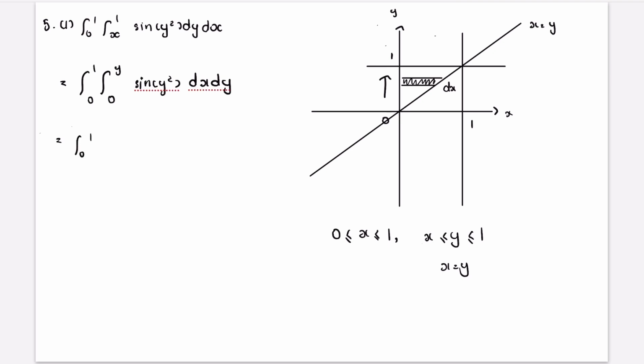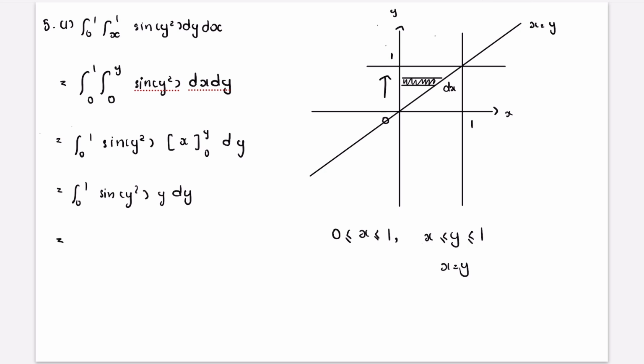Since there is no x, that means there is only 1. So when we integrate 1, we will get x from 0 to y, then dy. When we solve that, we will get only y.